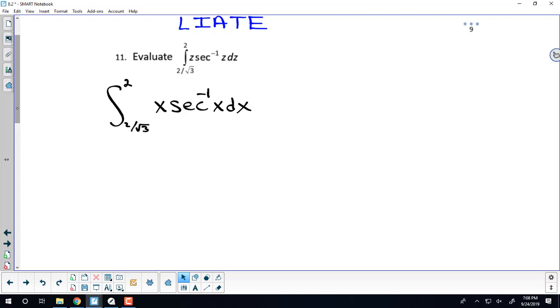Okay, so what you do is that you integrate by parts. U is arc secant, and dv is x. That's what I wrote in my notes.